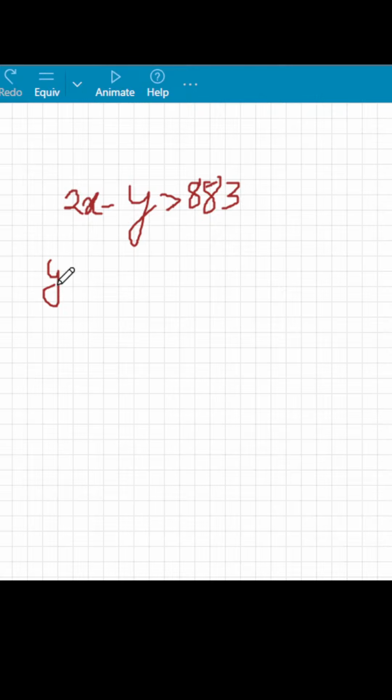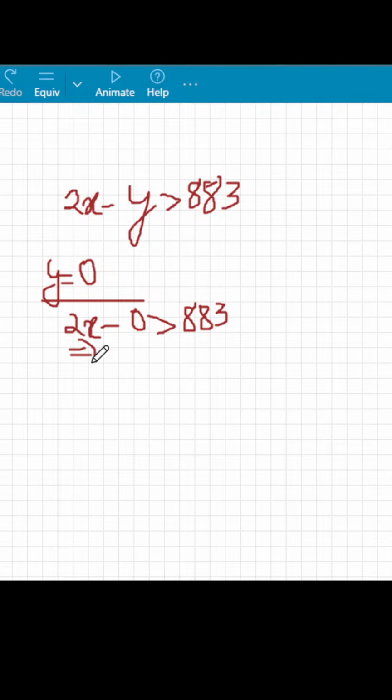So for y is equal to 0, we have 2x minus 0 greater than 883, which is 2x greater than 883.